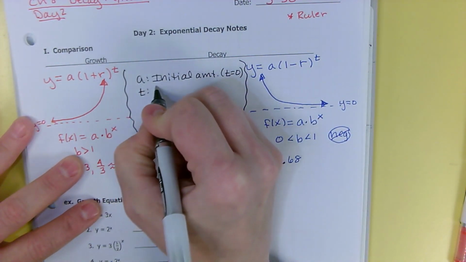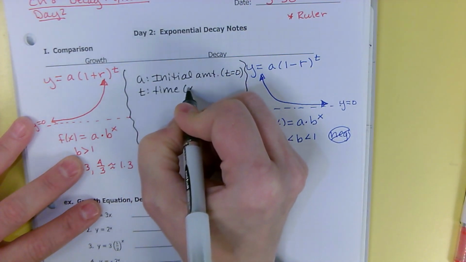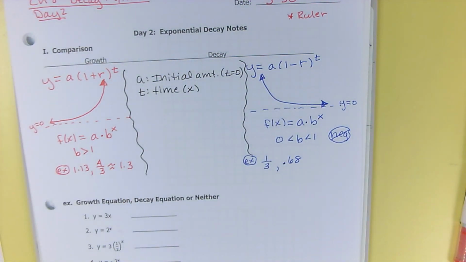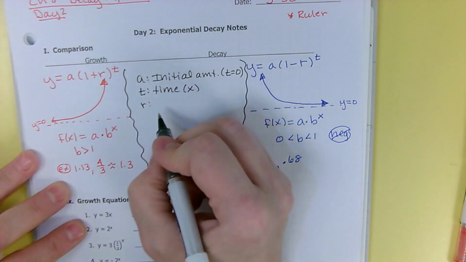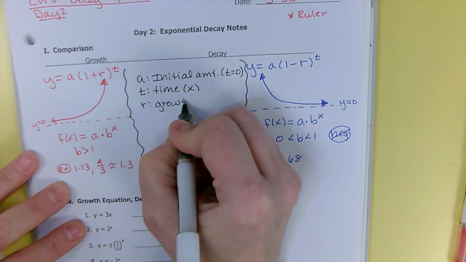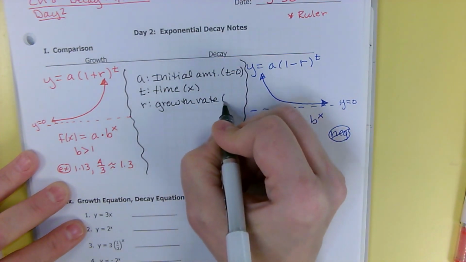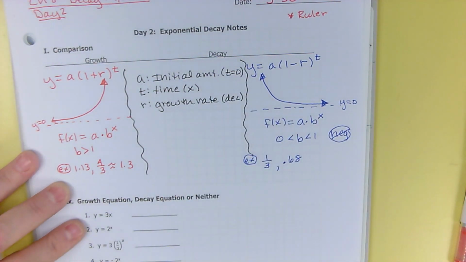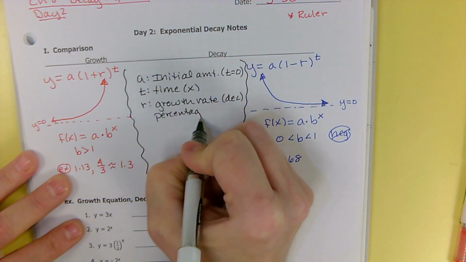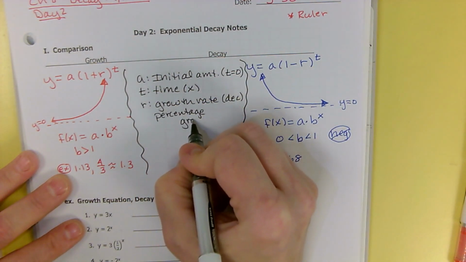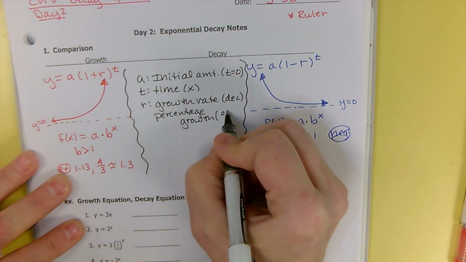T is still time, which oftentimes is represented with an x. The lowercase r is the growth rate when it's in a decimal form, and it's the percentage of growth or growth percentage when it's in a percent form.